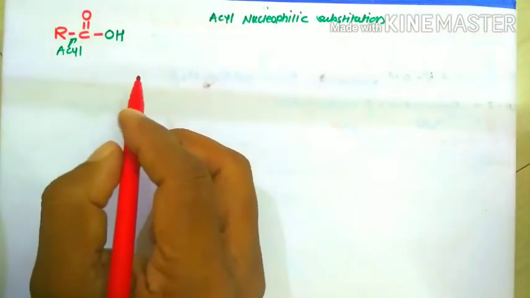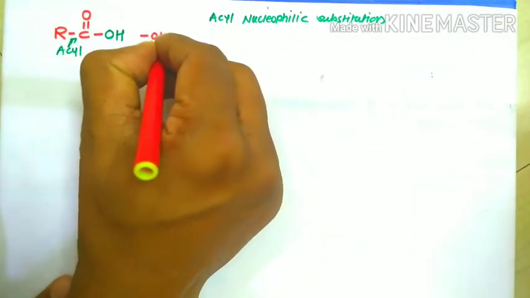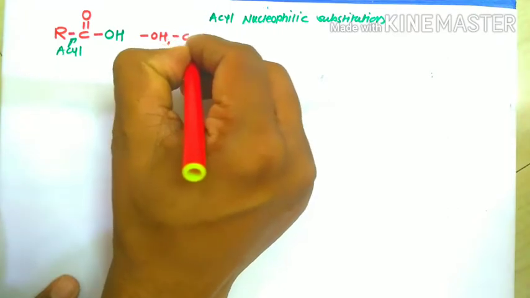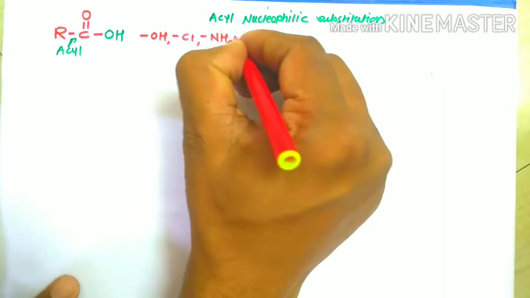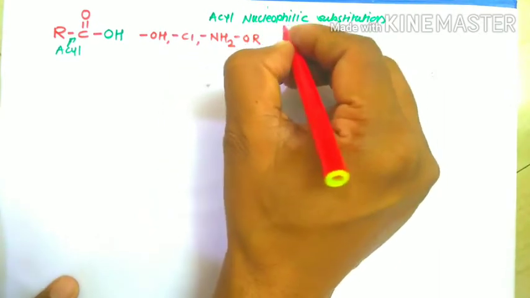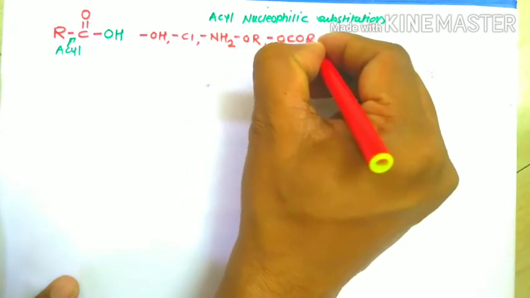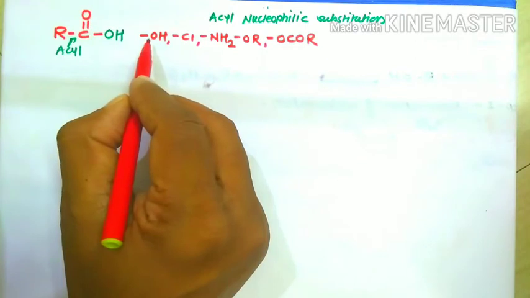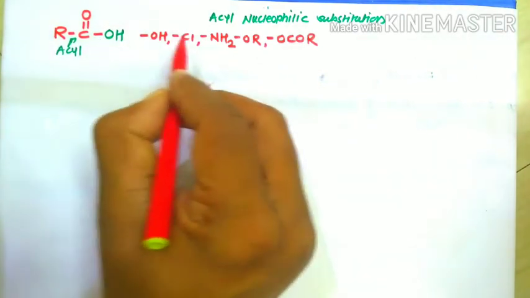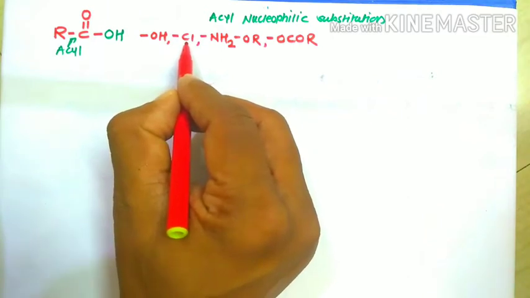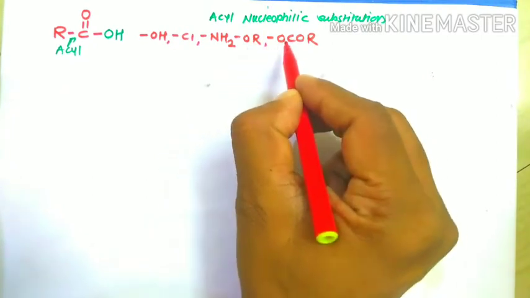The nucleophilic substitution of the groups like OH, Cl, NH2, OR and OCOR gives acid, acid chloride, acid amide, ester and anhydride.